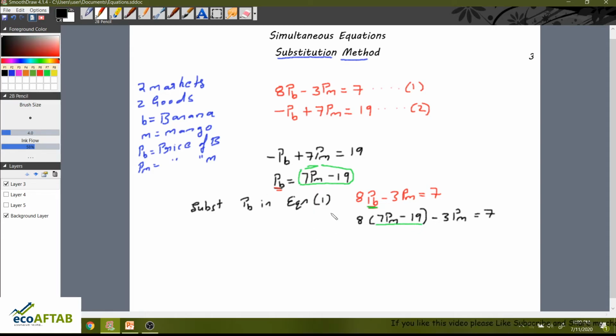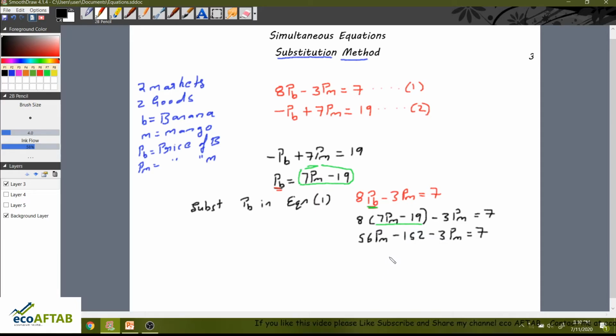Moving ahead, 8 into 7PM is 56PM, minus 8 into 19 is 152, minus 3PM is equal to 7. So we have 56PM minus 152 minus 3PM is equal to 7.